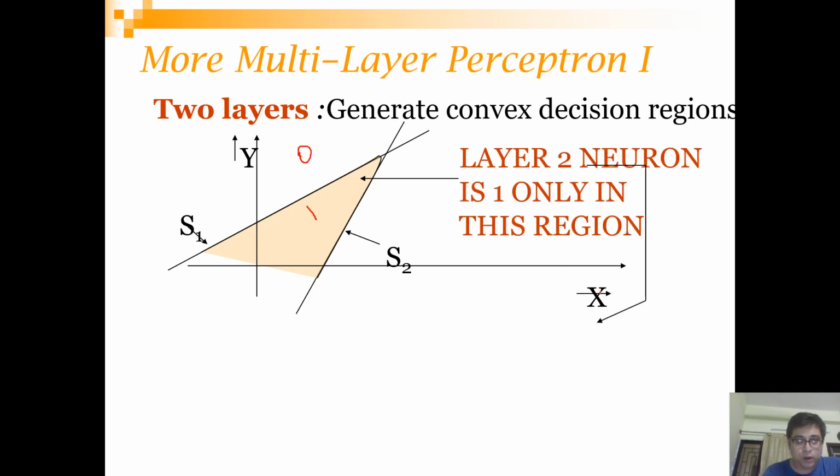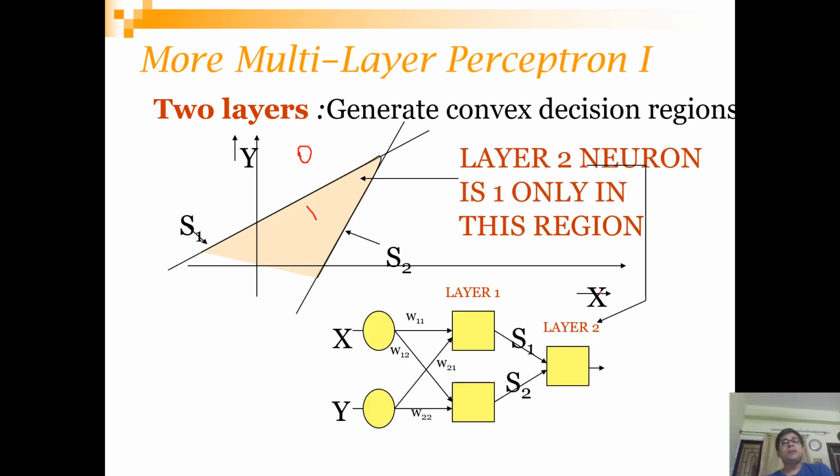Now, if I try to represent them using a multi-layer perceptron, this perceptron will represent S1, this perceptron will represent S2, and finally this perceptron will combine them and classify this as 1.